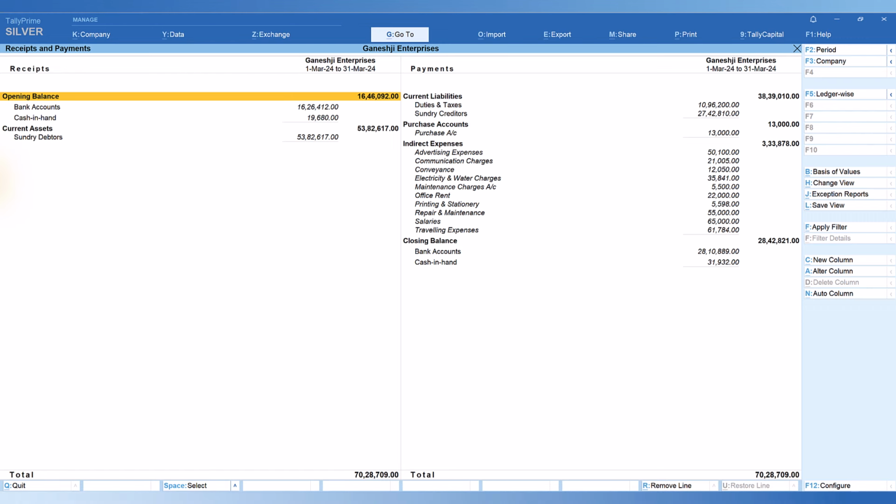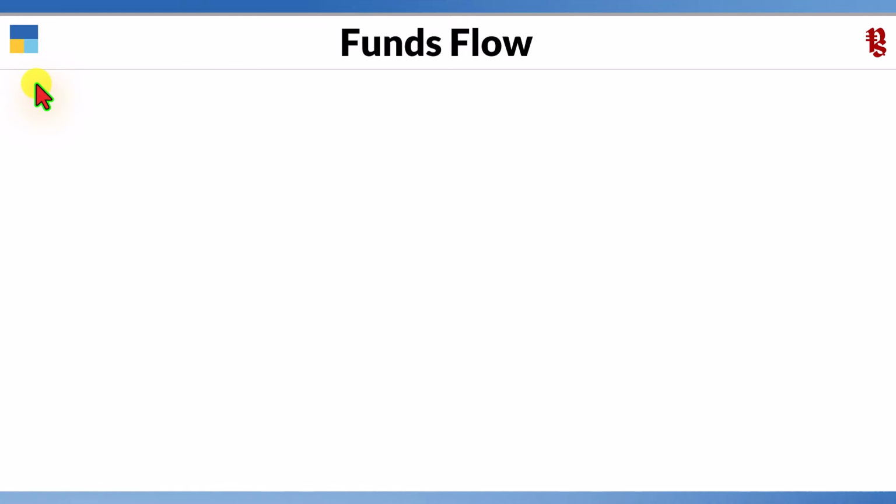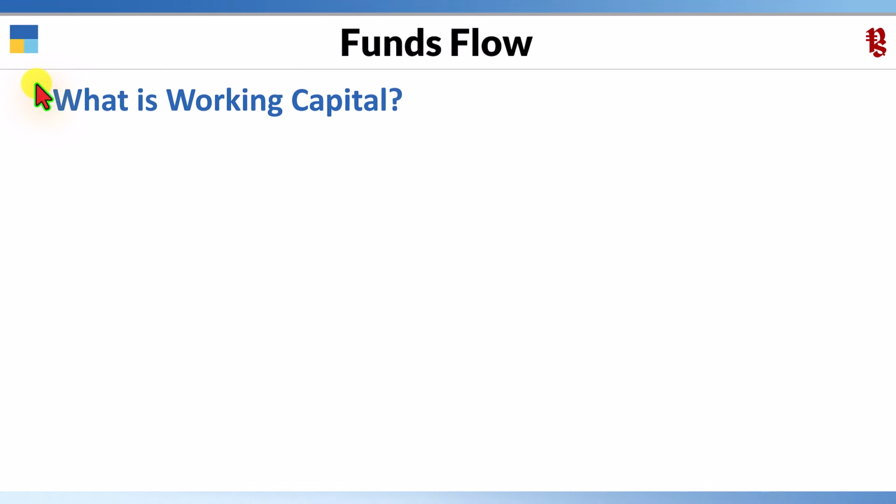Now again, before we go into fund flow reporting in Tally, let us quickly understand the basic or the fundamental domain of the fund flow management. To understand funds flow, let us understand certain key elements. Number one, what is working capital?